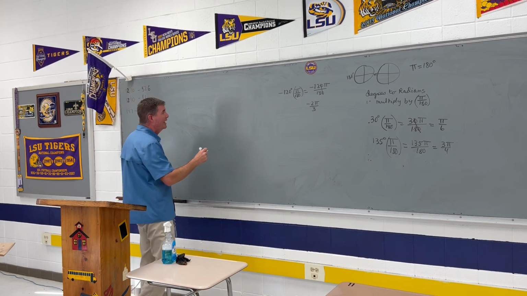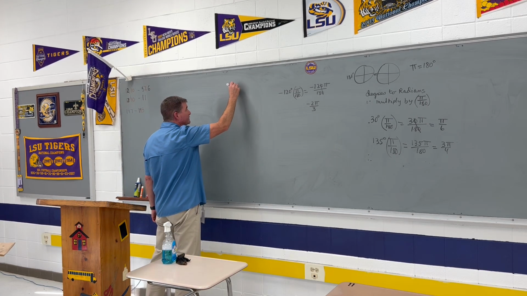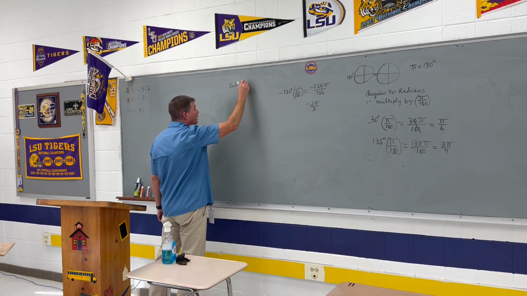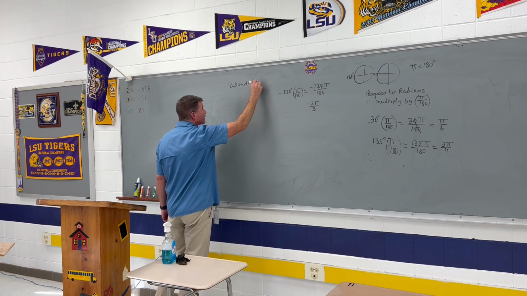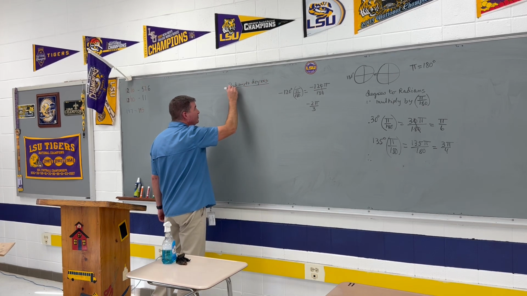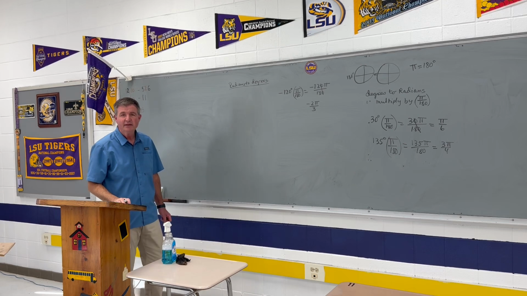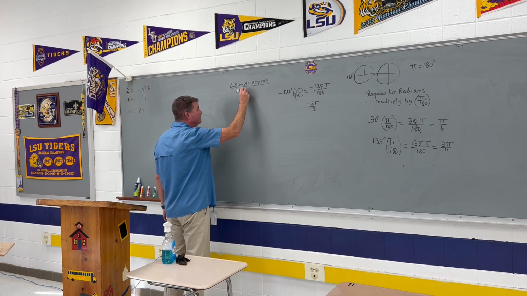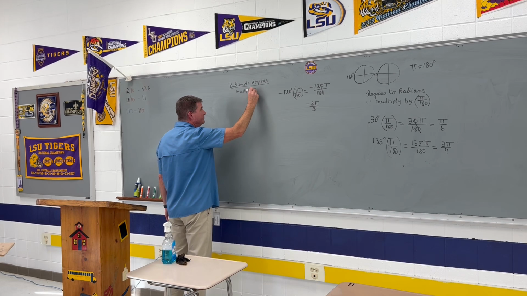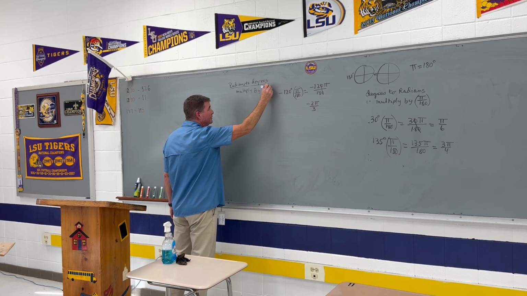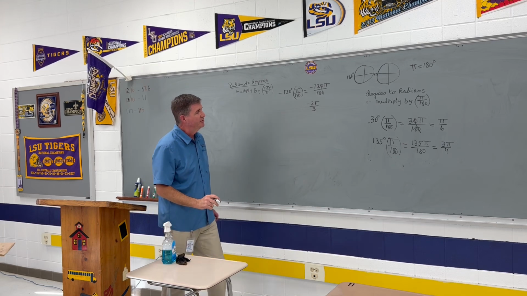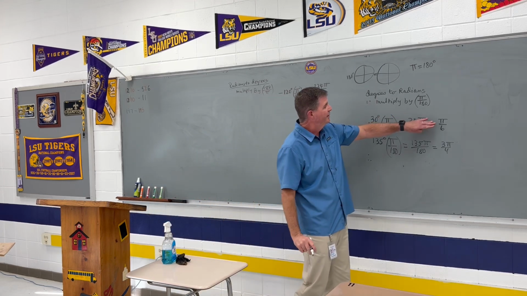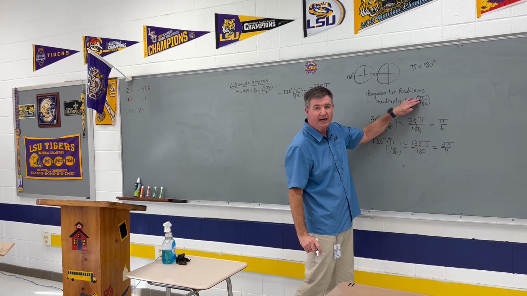Now, if I want to go the opposite way, from radians to degrees, we multiply by the same exact equivalent, but the inverse: 180 over pi. The best way to think about it is if you're trying to go to radians, you want pi in your answer, so you put a pi in it.